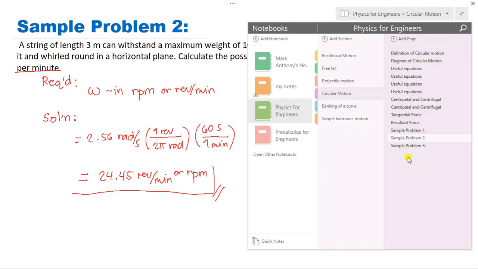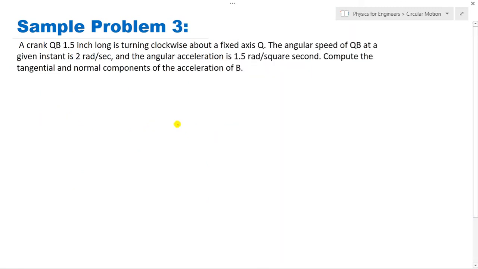So let's go to the last question for circular motion. Let's say we have a crank QB, 1.5 inches long, turning clockwise about a fixed axis Q. The angular speed of QB at a given instant is 2 radian per second, and the angular acceleration is 1.5 radian per square second.